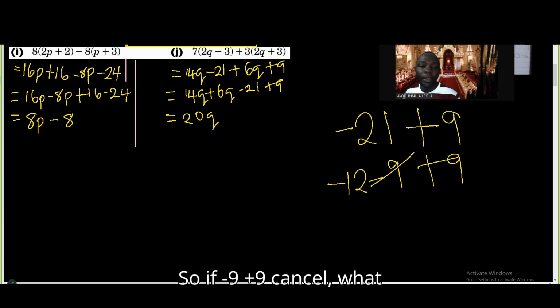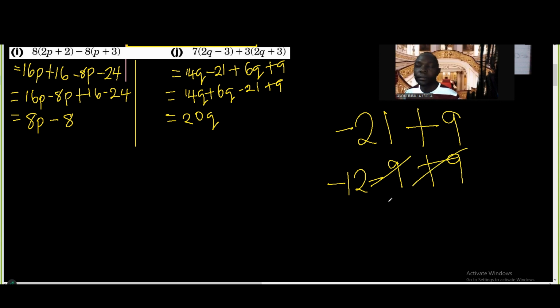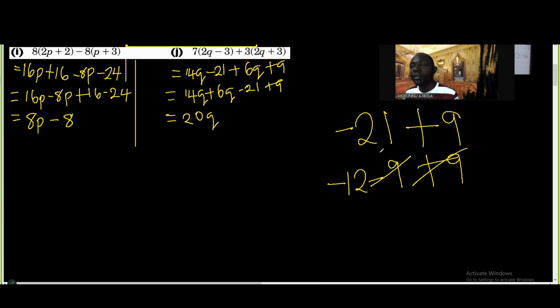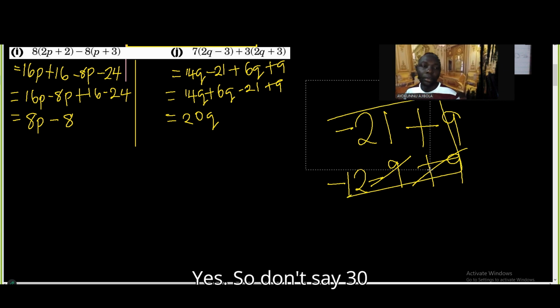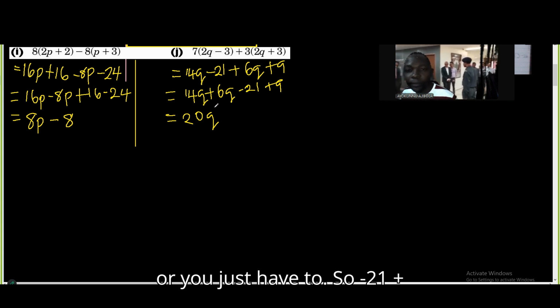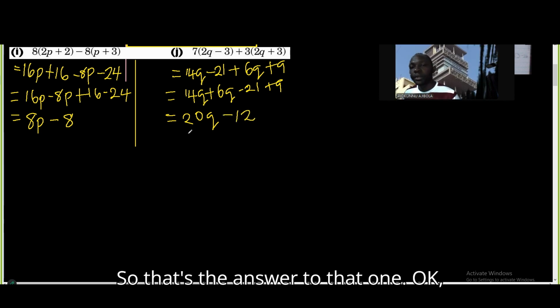So if negative 9 and positive 9 cancel, what do we have left? 12. Is it positive or negative? Negative. Negative 12. Is that clear? Yes. So don't say 30. So minus 21 plus 9 is negative 12. So that's the answer to that one.